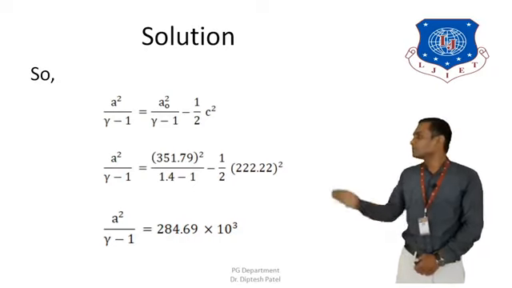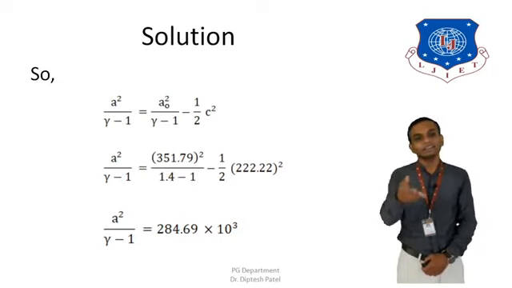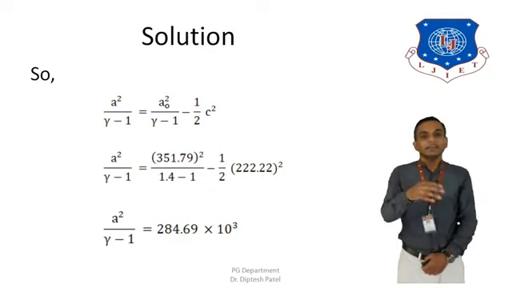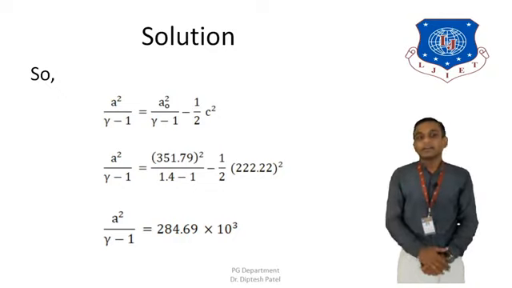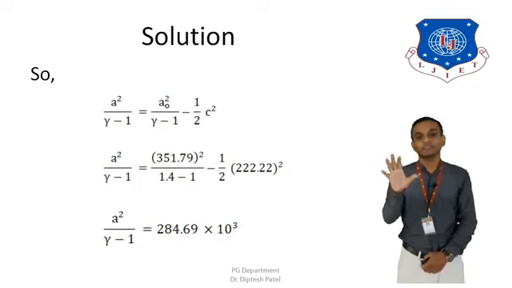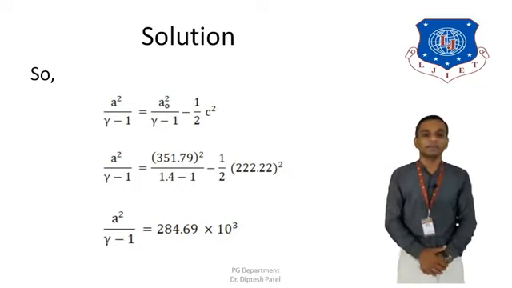Then I'm going to calculate the value, so a square upon gamma minus 1 is equal to 284.69 into 10 raised to 3.